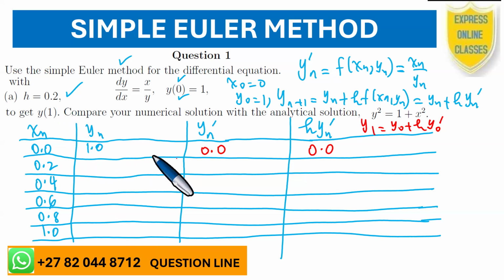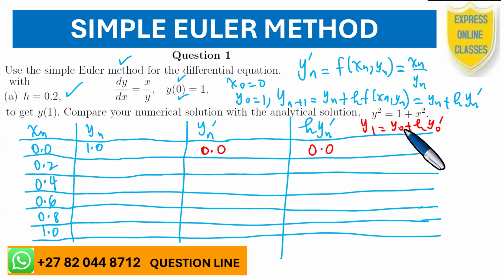Okay, let's continue. What is 0.2? Let us look at this here. At 0.2, let's look at the y, because this is actually our y0 and this is our y1.